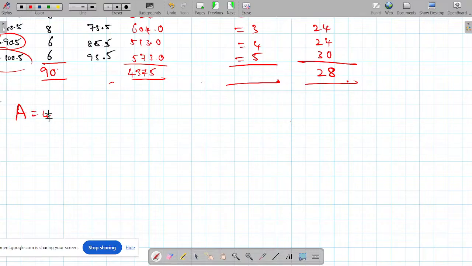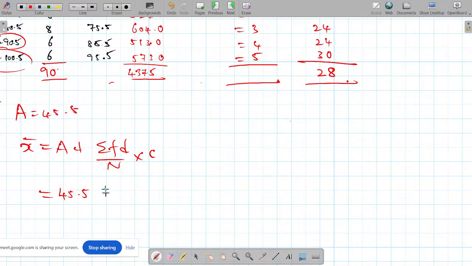Here A is 45.5. So X bar is A plus summation FD divided by N into C. So here it is 45.5 plus 28 divided by 90 into 10. Am I right?